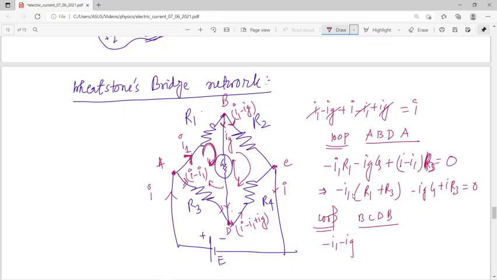That means in the same direction, if we are moving, we take negative. In the opposite direction, we take positive. So I minus I1 plus Ig into R4 plus, we are also moving in the opposite direction, that means that is Ig into G is equal to 0.